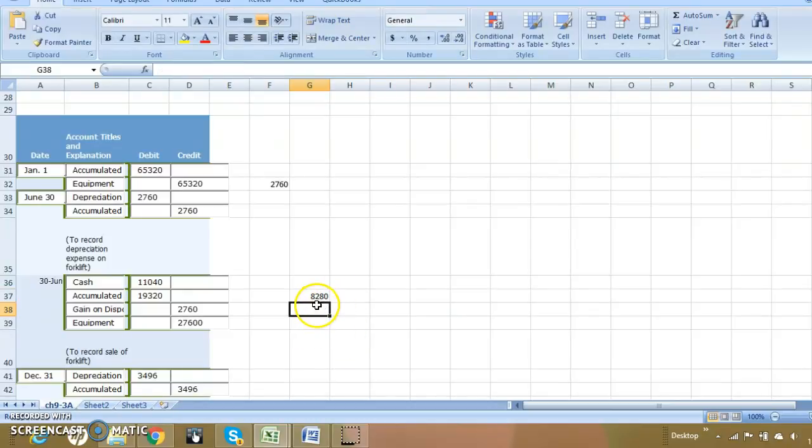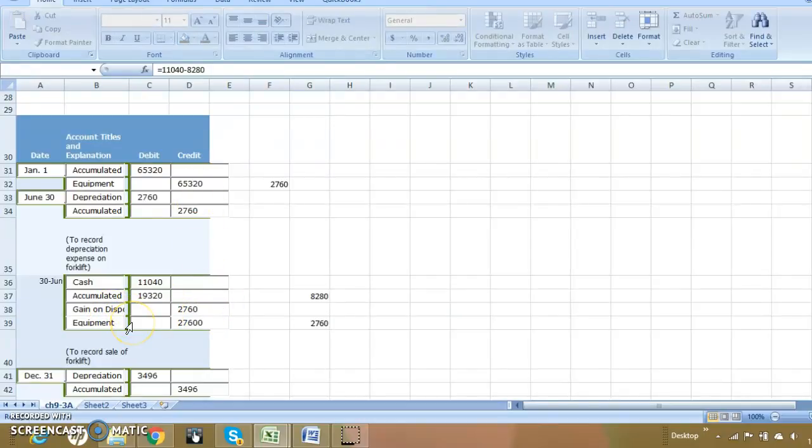Now take the sale price minus this number, and this is our total gain, which is 2,760, recorded as a credit.